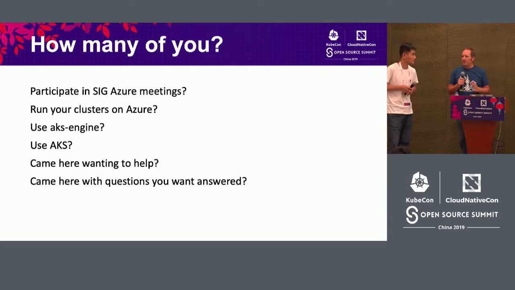So has anyone in the room used AKS Engine or is familiar with AKS Engine? AKS Engine is an open source project that is essentially a template generator for creating Azure Resource Manager definitions of Kubernetes clusters on Azure. So any of you familiar with that? Nope. Okay, that's good to know. How many of you have used Azure Kubernetes Service to run your clusters? Couple. Okay. Everybody else, how are you running Kubernetes on Azure?